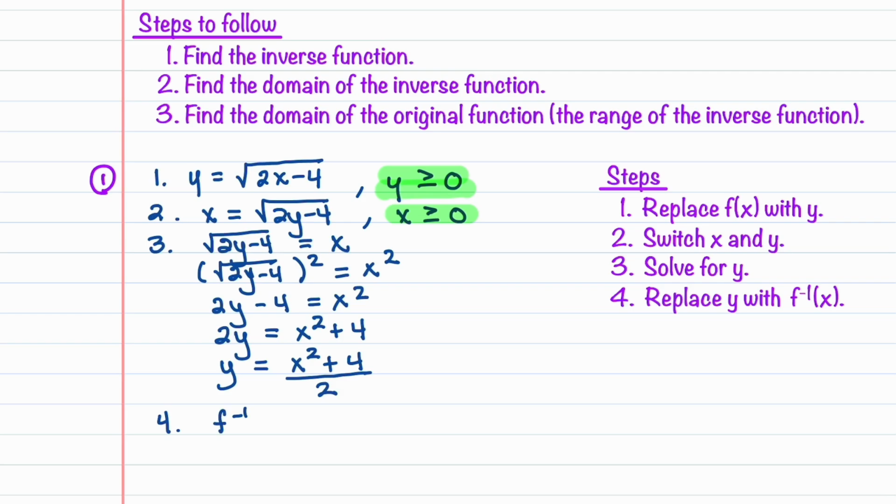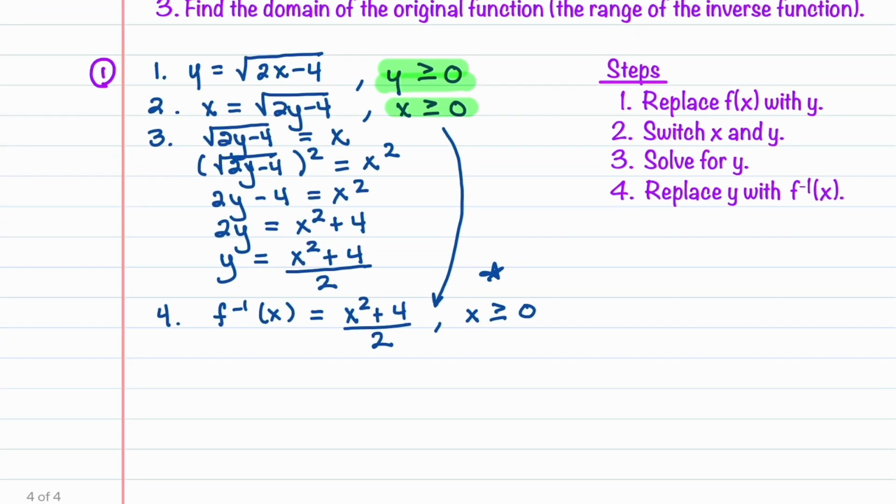So we have f inverse of x is x squared plus 4 divided by 2. What we want to do now is bring along this restriction. So let's put a comma here and say that x has to be greater than or equal to 0. We'll put a star here. That's the hardest part. Now we can go on to our second step.